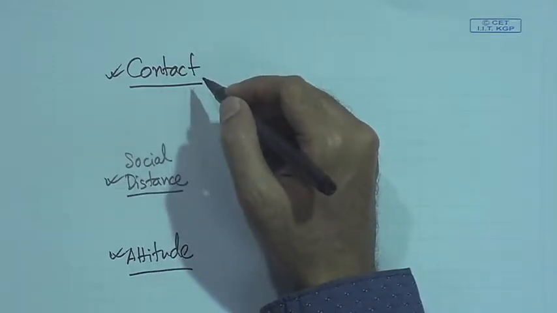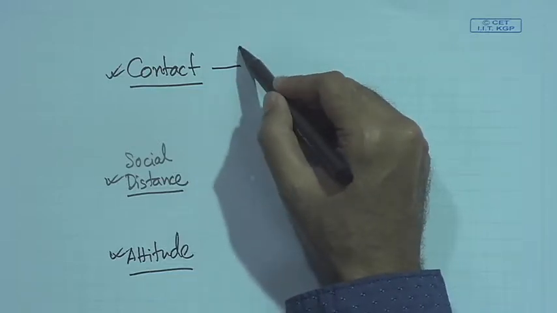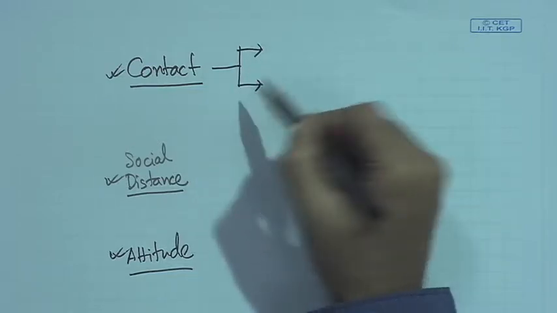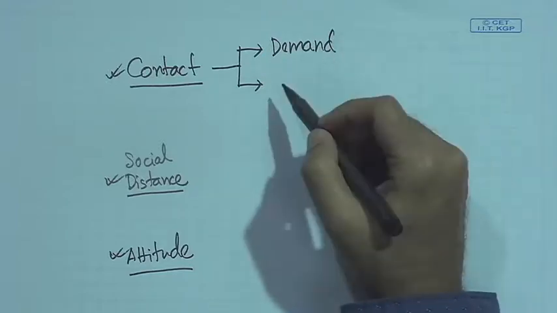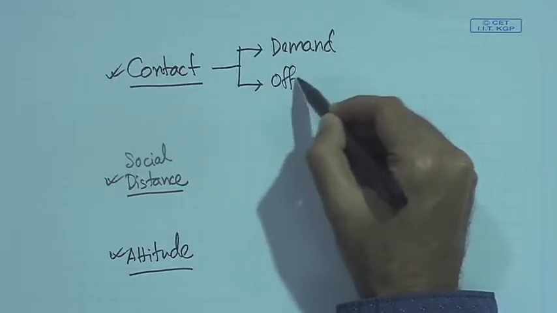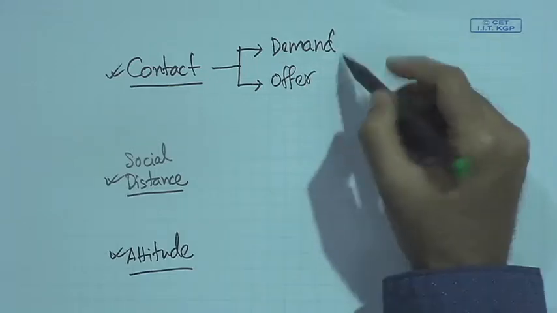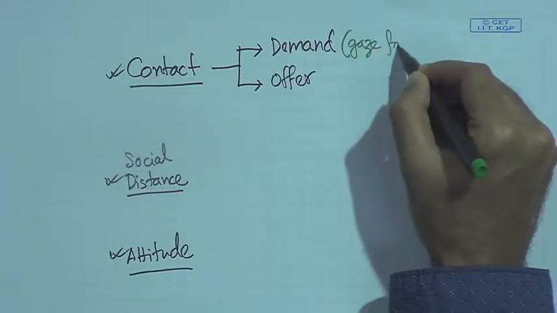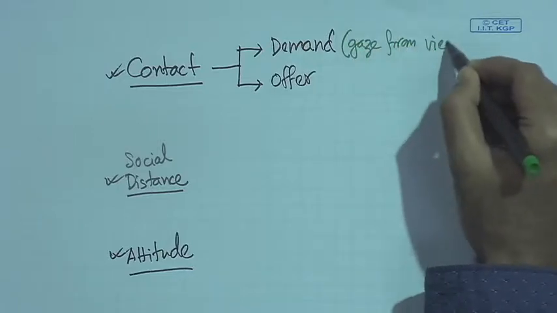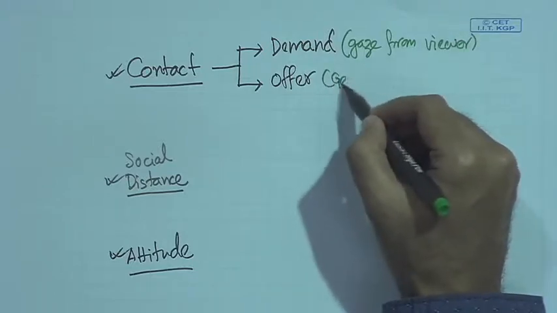Contact basically can happen in two manners: one is a demand, and the other is an offer. A demand is where you are demanding a gaze from the viewer, whereas offering is something very generic.